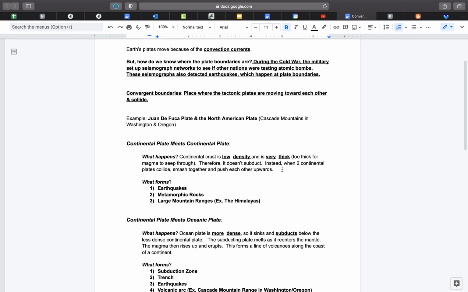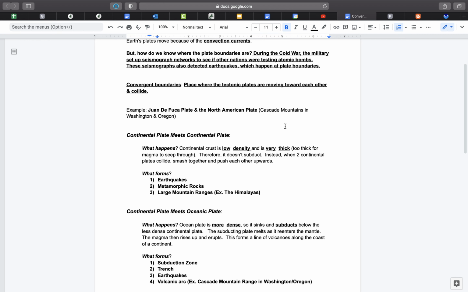One thing that's different about convergent plate boundaries is that it depends on what type of plates are involved, and that determines the final outcome, like what's going to happen when those plates come together. The first variety that we're going to look at is when a continental plate meets another continental plate.